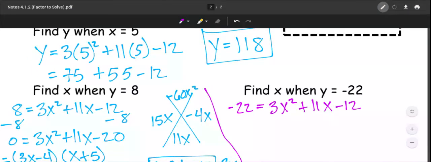So here's our problem. I want you to pause it and do the example to see if you can get all the way down to what x equals. Remember, you get 2 x values. I'm going to do it here. Try not to just copy and mindlessly watch me. That's not going to be helpful for you.